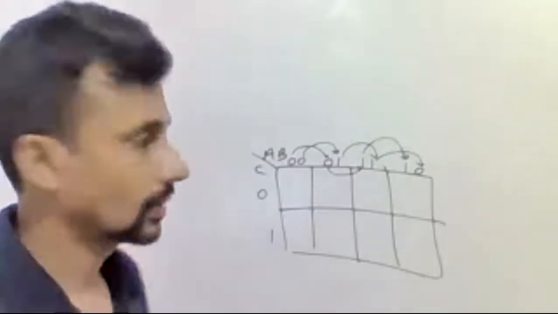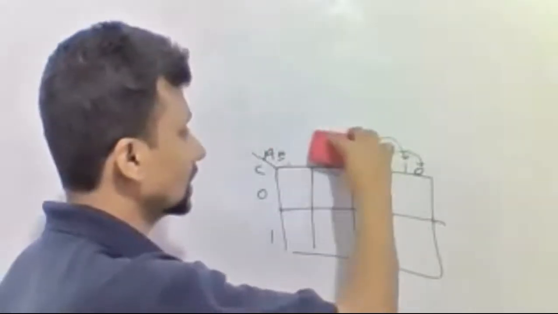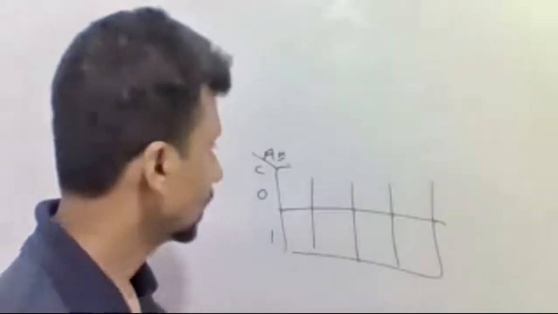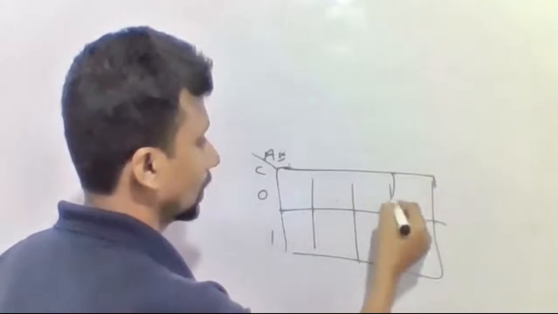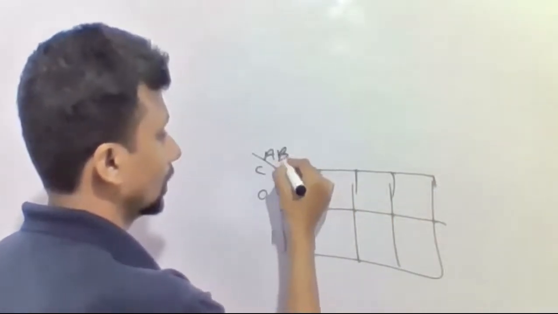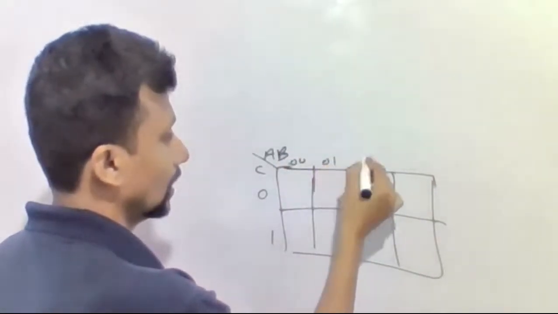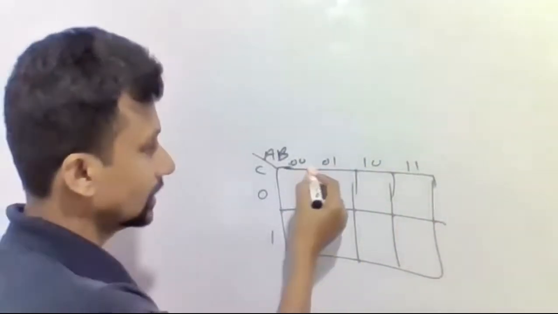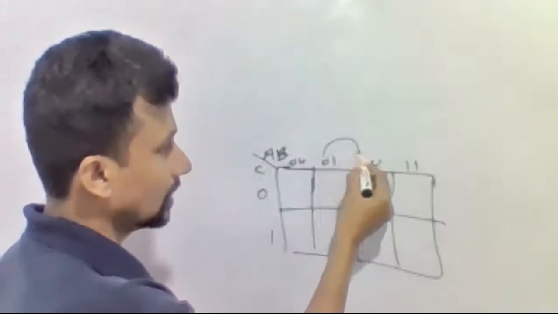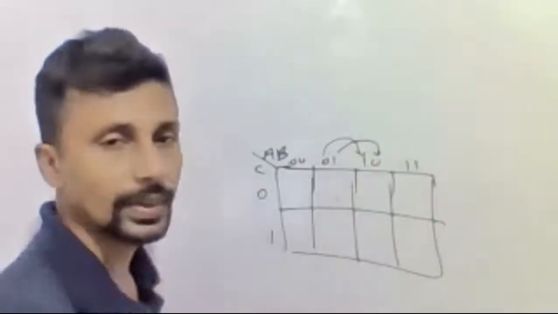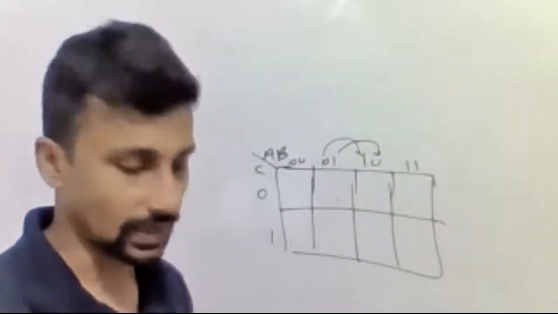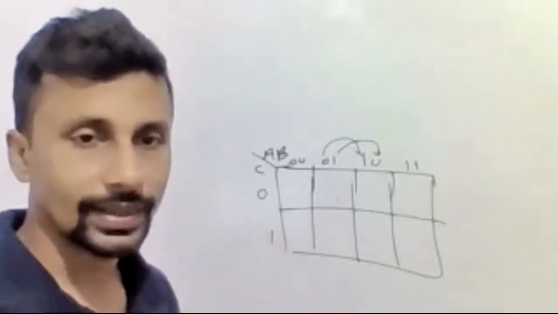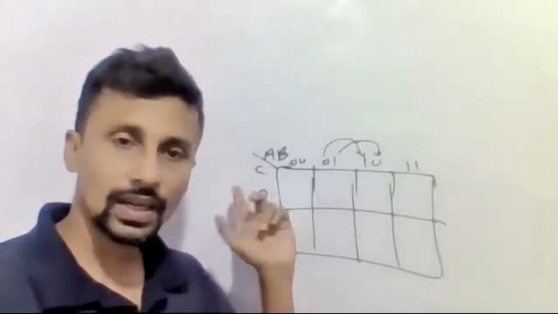That is the rule. But if you write something like 00, 01, 10, 11, then this is okay, but here this has become 1 and this one becomes 0. Two bits are changing, and that is wrong, right? So make sure you change only one. You may think, do we need to start from 00?